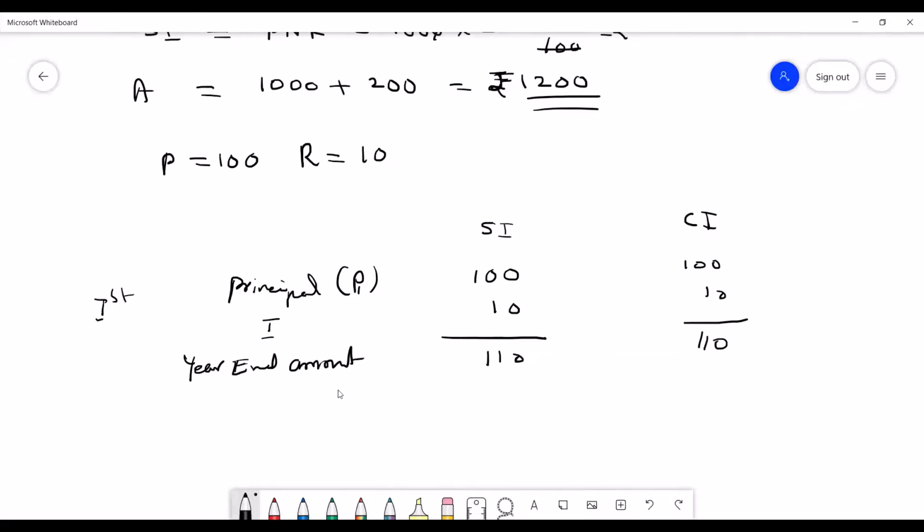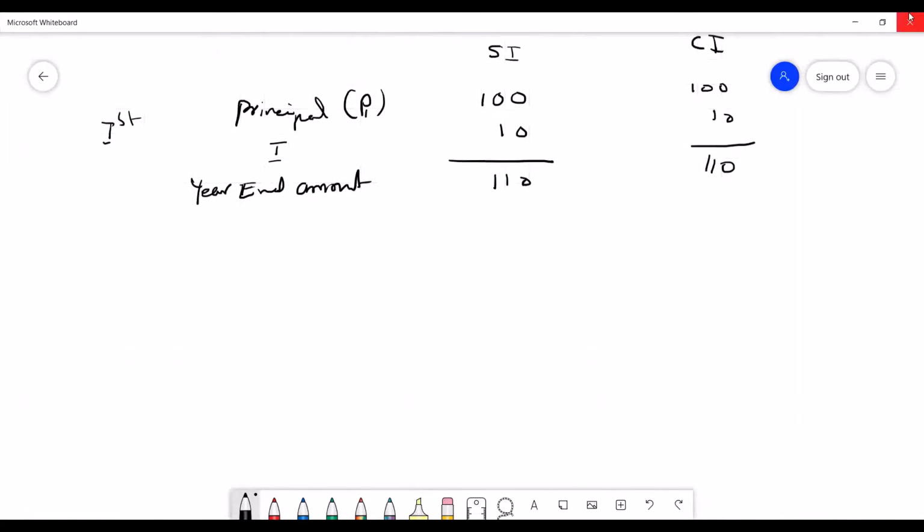And now let us move to the second year. In second year, the principal amount here will be 100 only, and here the principal amount will be 110. And interest here will be 10 only.